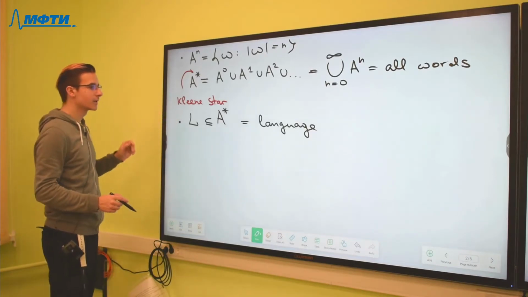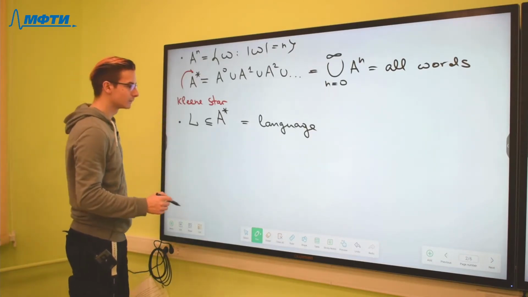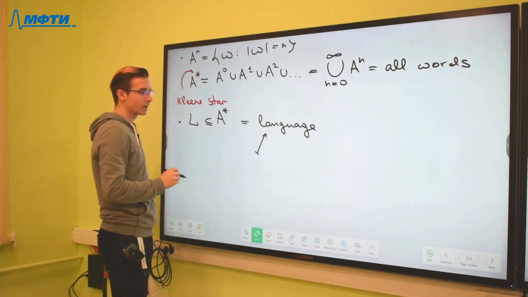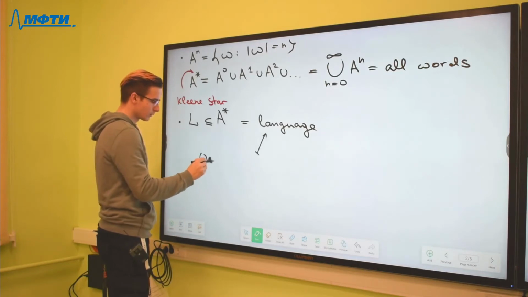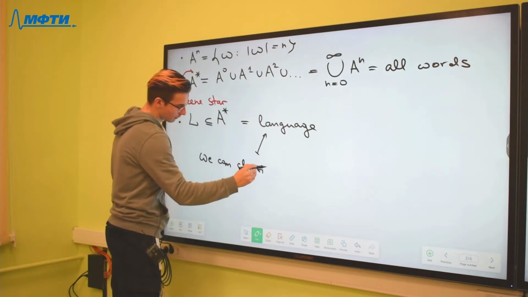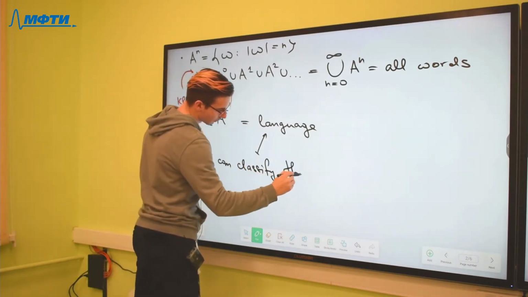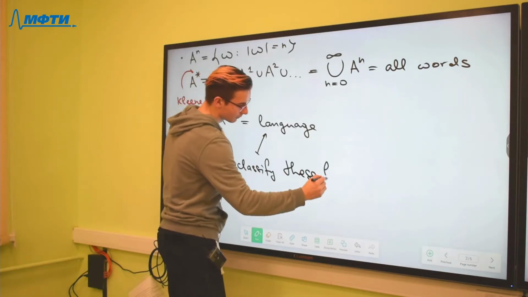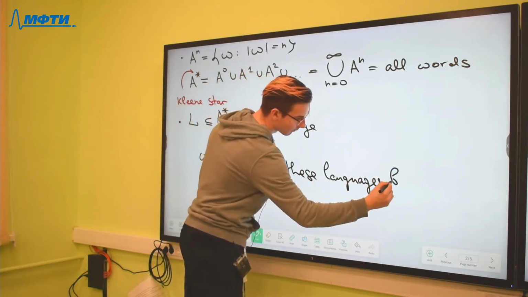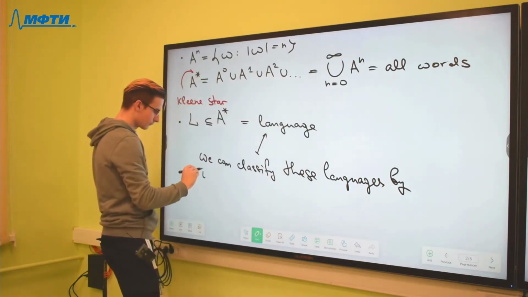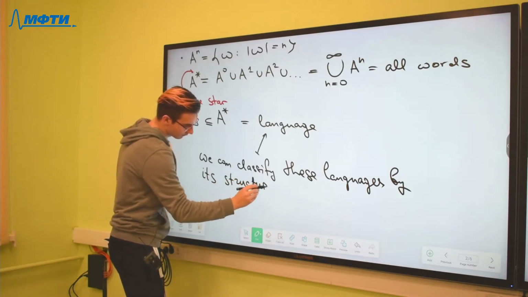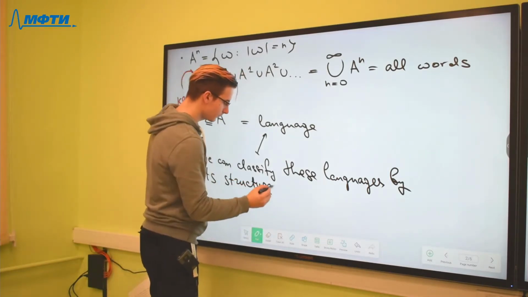And of course we can classify languages by their structure.